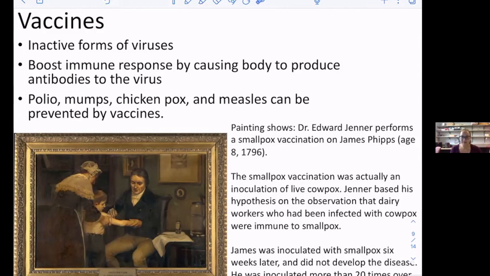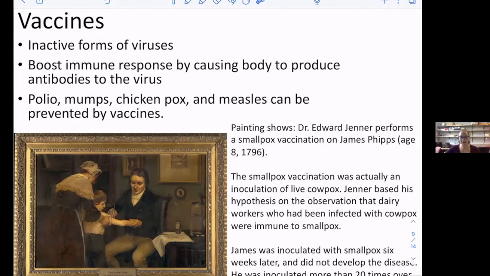Jenner tried this based off of a hypothesis that the dairy workers who were around cowpox and had been infected with cowpox were immune to smallpox. And so he gave children the cowpox, which produced the same antibodies that would prevent the child from then getting smallpox.